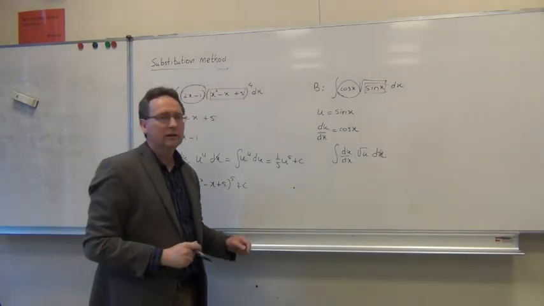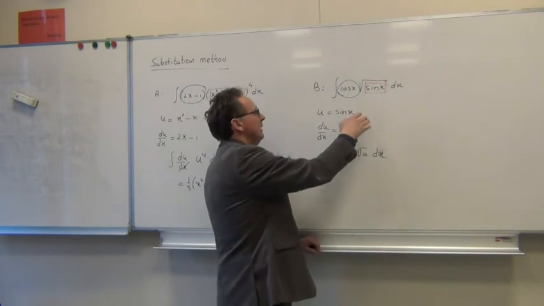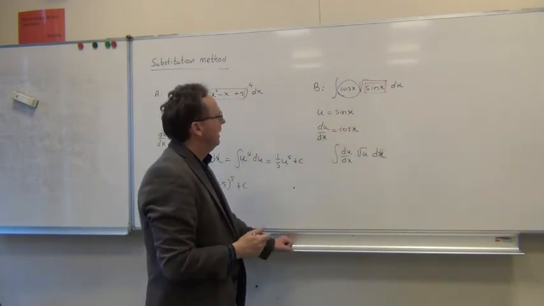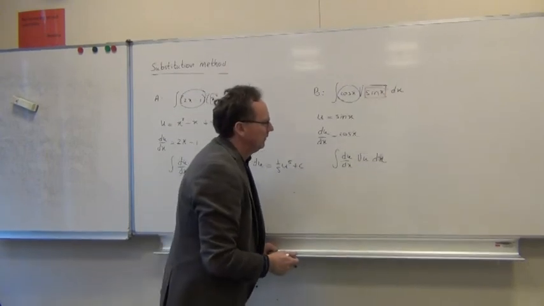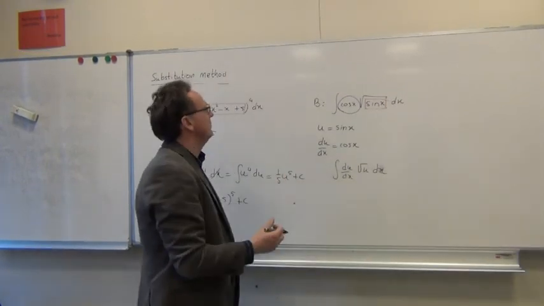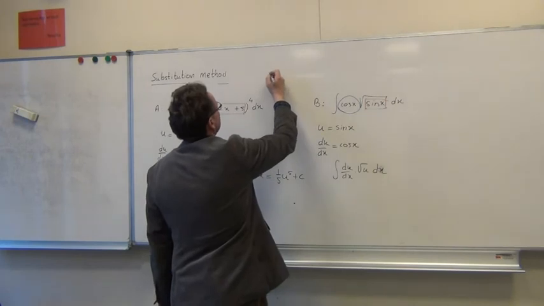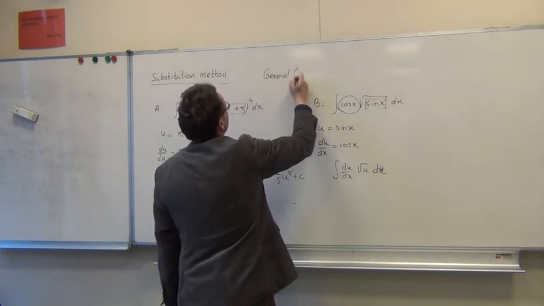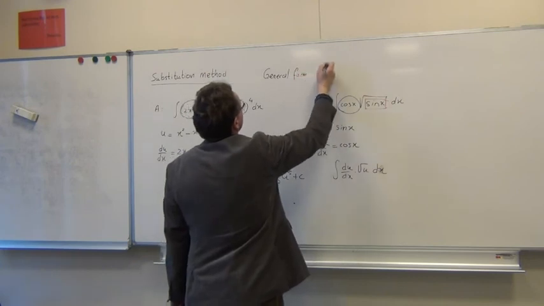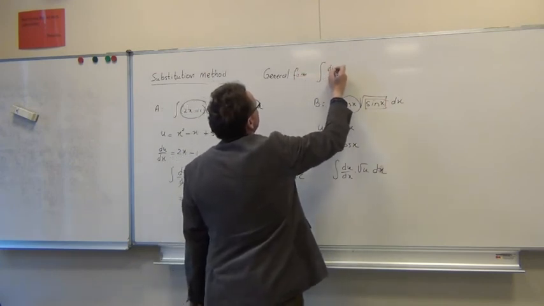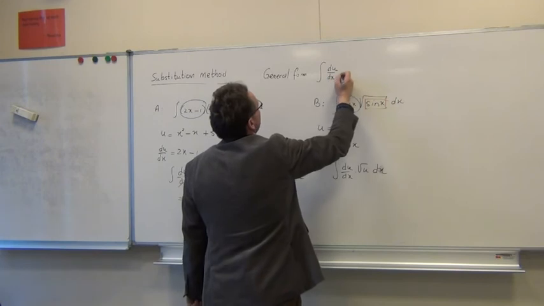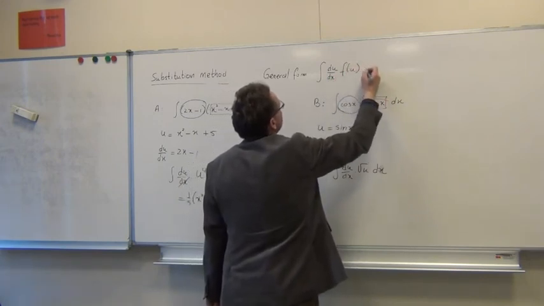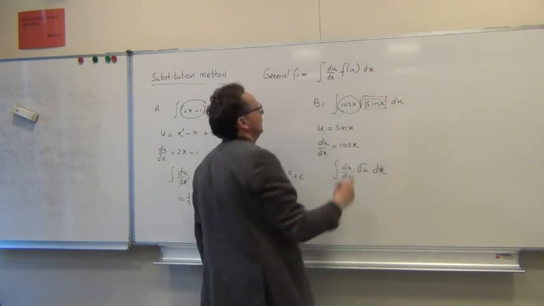Of course, I realize that this method can only be applied in some very special situations. Actually, whenever an integral can be written in this form, where there is some derivative involved, du/dx, and then some function of u.